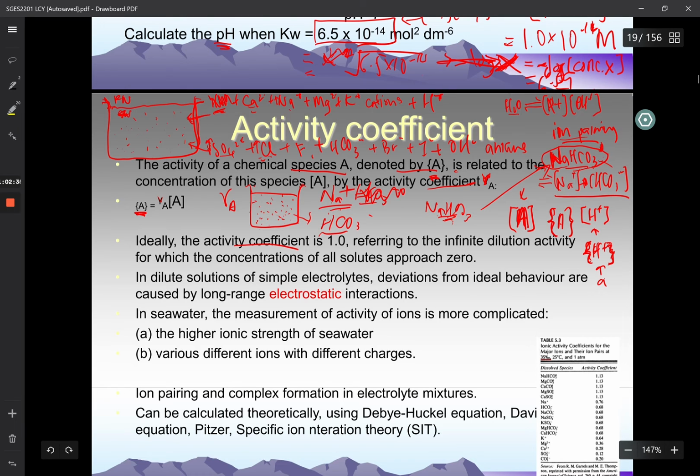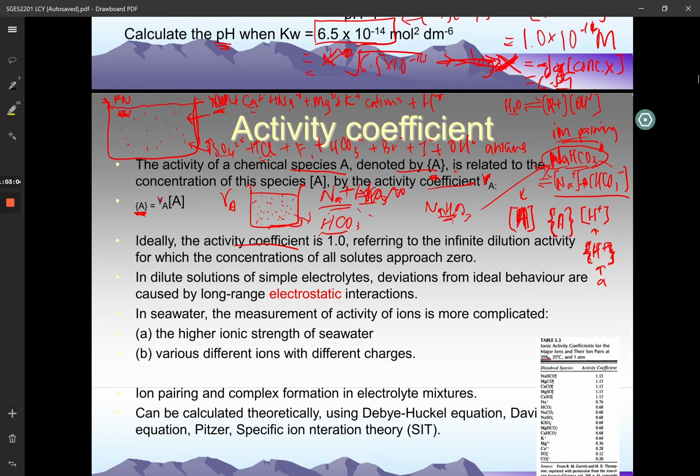But in a normal environment, an ideal solution is almost impossible. For example, river water or rainwater are quite dilute, but you might still have some chance of ion pairing to happen. So there is a little bit of deviation from an ideal solution.